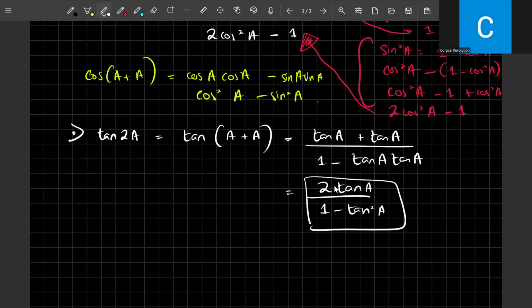So you can just remember that tan 2a is 2 tan a upon 1 minus tan square a. Or you can do this working as well, but again, there is not much time in the exam. If you're okay with this, then go ahead with this. Otherwise, it's better to just learn this.